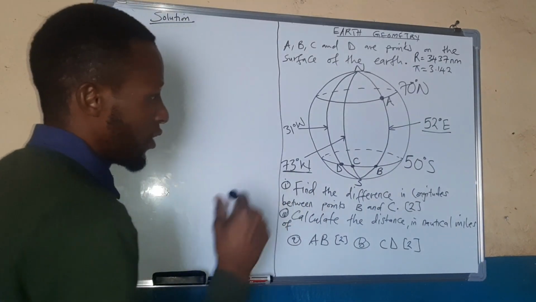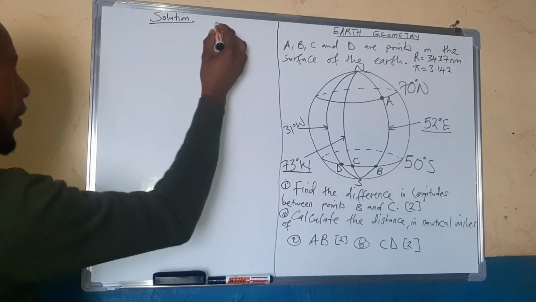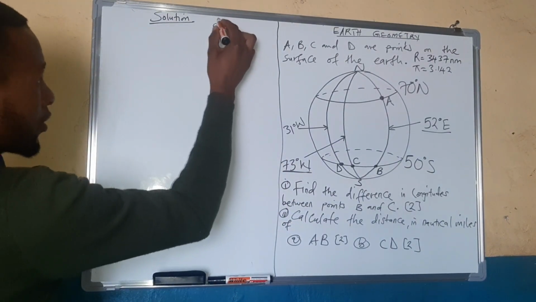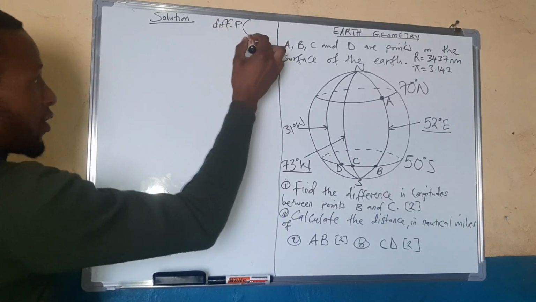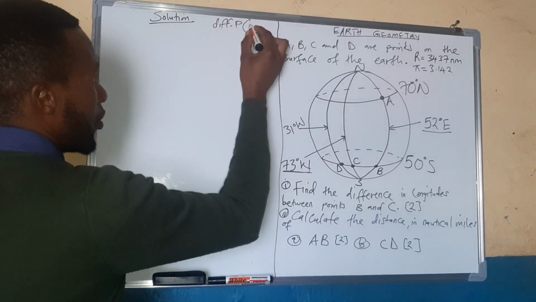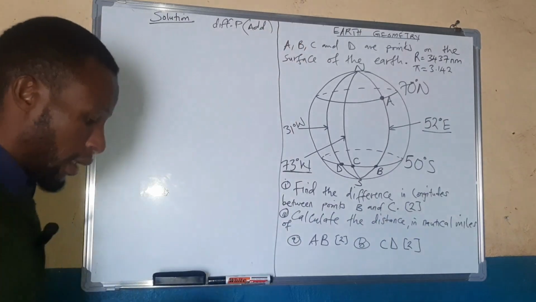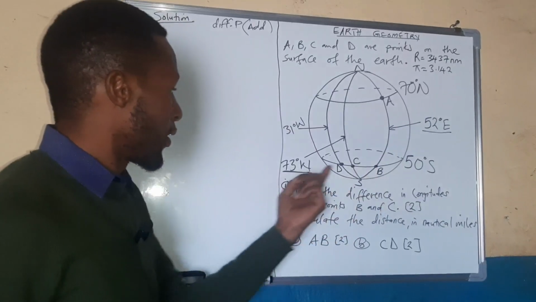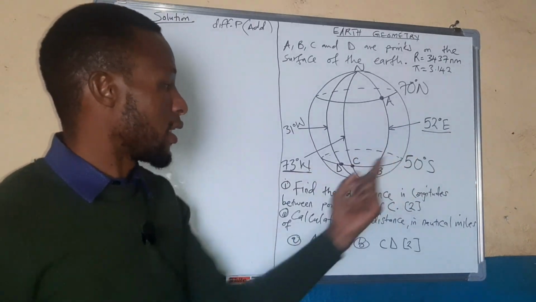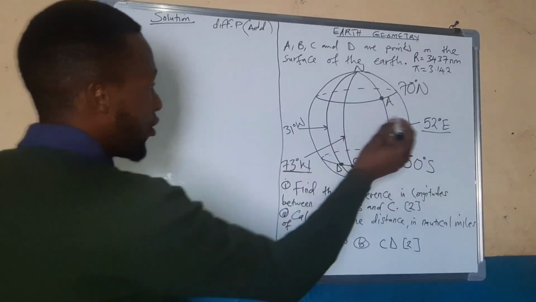To find that difference, remember this: when you have different poles, you always add. B is on the east, C is on the west, so the poles are different, and we are going to add these longitudes.